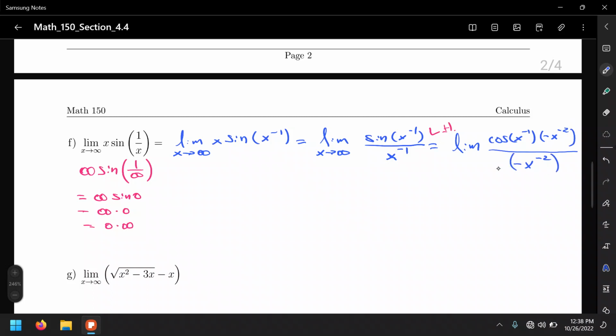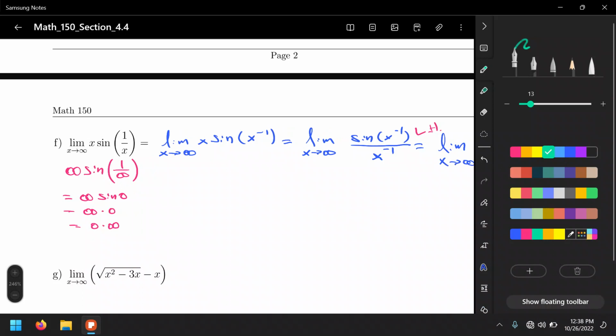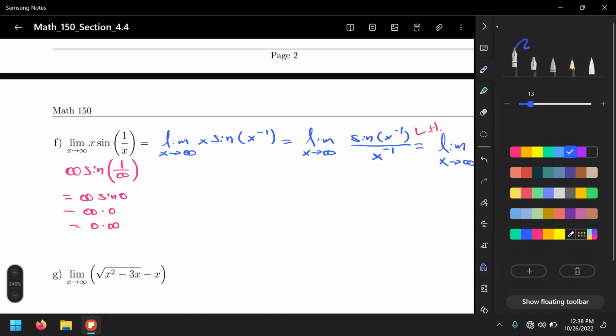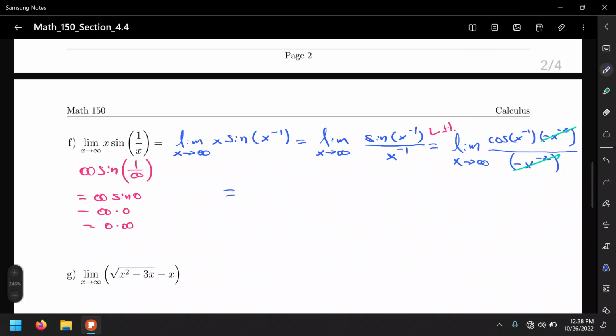All right, but see what's going to happen? See how this negative x to the negative 2 cancels this negative x to the negative 2. So you really don't have to bother and write this with a positive exponent. You can cancel them out, and negative over negative goes positive. So that's going to leave us with the limit of cosine of x to the negative 1 as x approaches infinity.